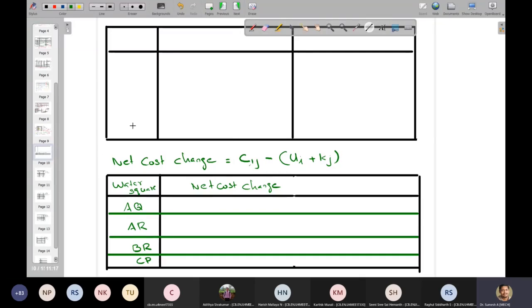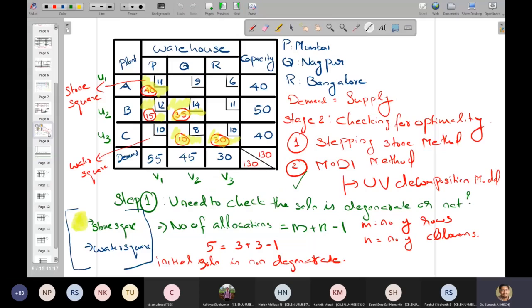So if I say the value of AQ, it will be equal to the Cij value, which is 9, minus, inside the bracket, U1 plus V2.